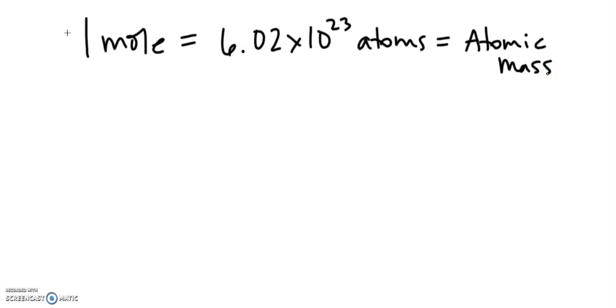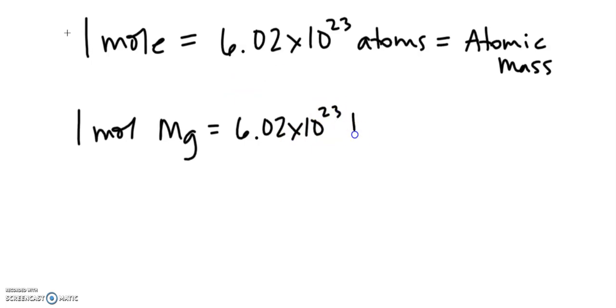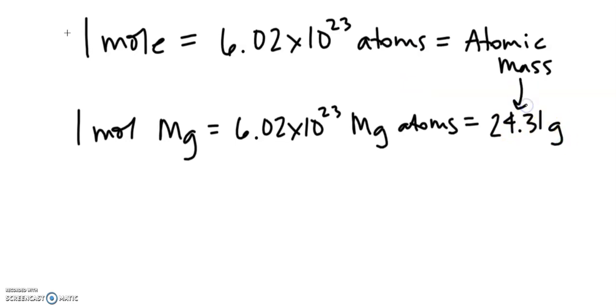So for example, if I have 1 mole of magnesium, that would be 6.02 times 10 to the 23rd magnesium atoms. And all of those magnesium atoms would weigh 24.31 grams, because that's the atomic mass on the periodic table.